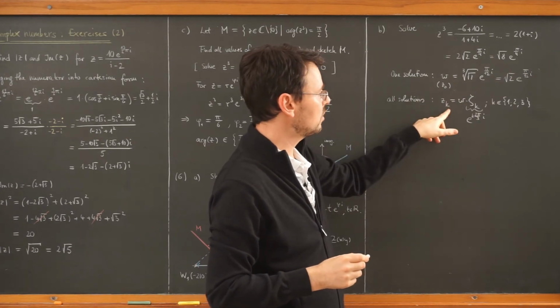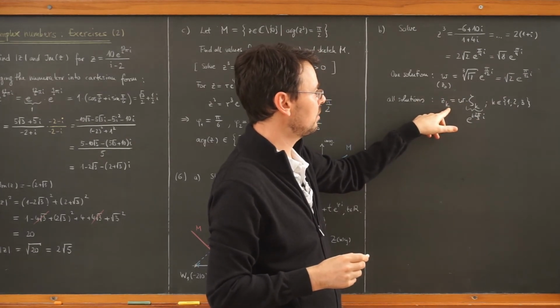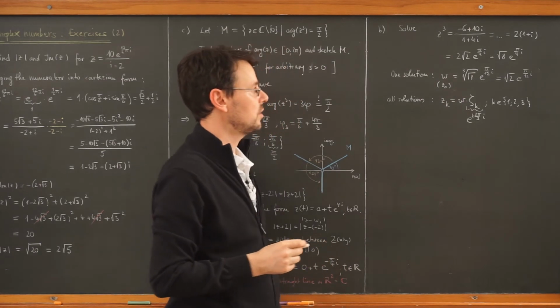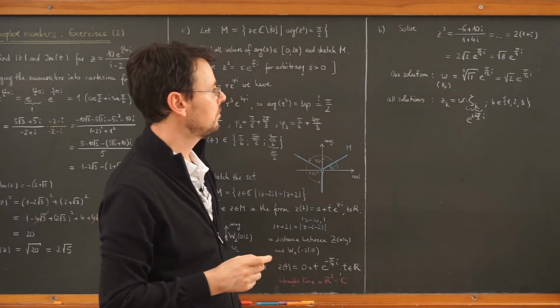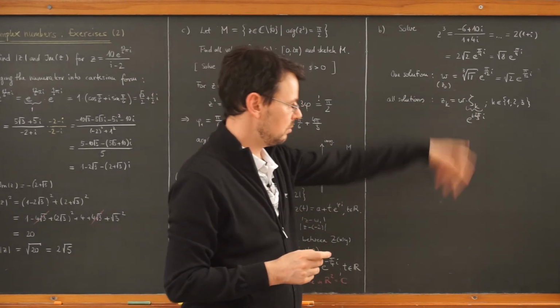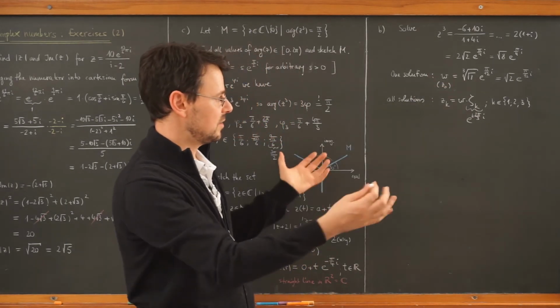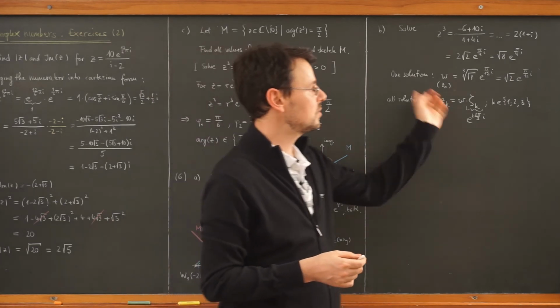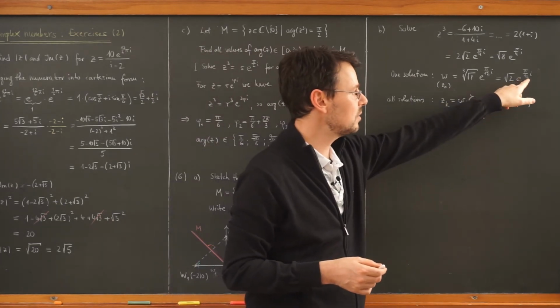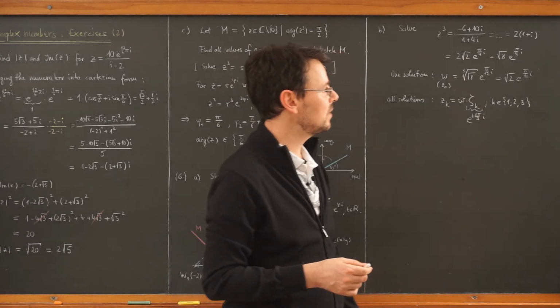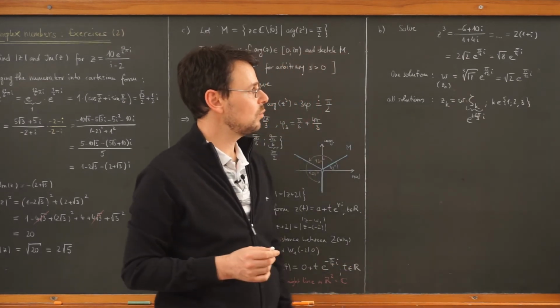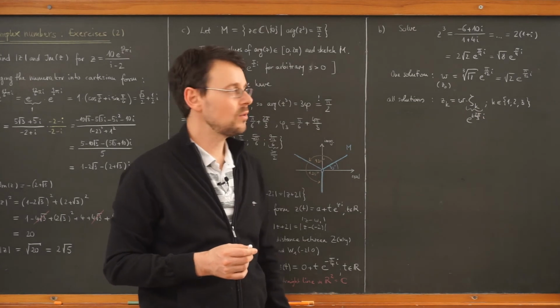So the third solution, z sub 3, would be our initial w, or z naught. And I'm leaving out the rest of the details, just to spell it out. And you're not supposed to find the Cartesian forms, because for that you would have to know what the cosine and sine of this angle here is, and we do not know that without a calculator.